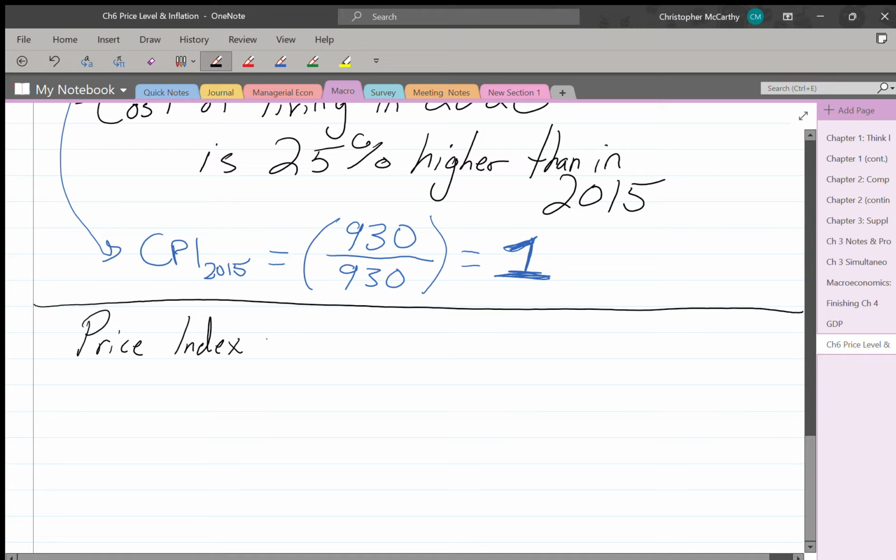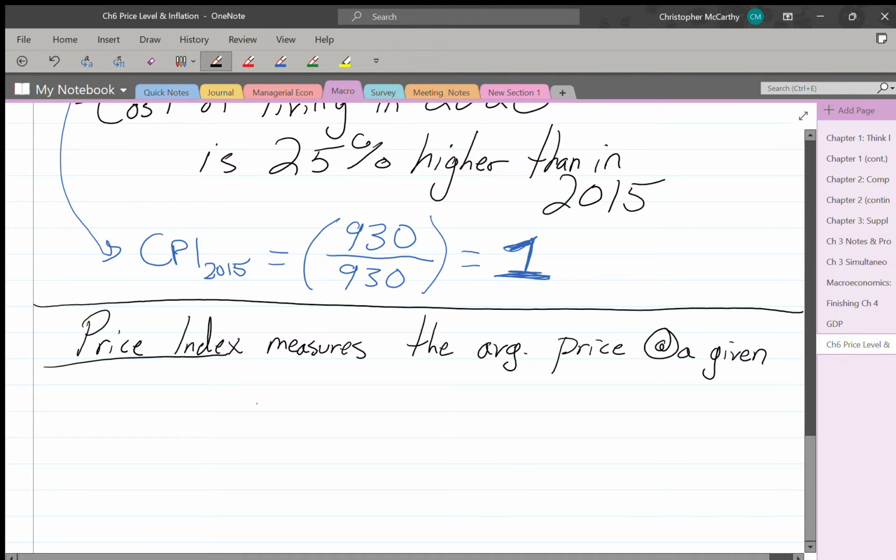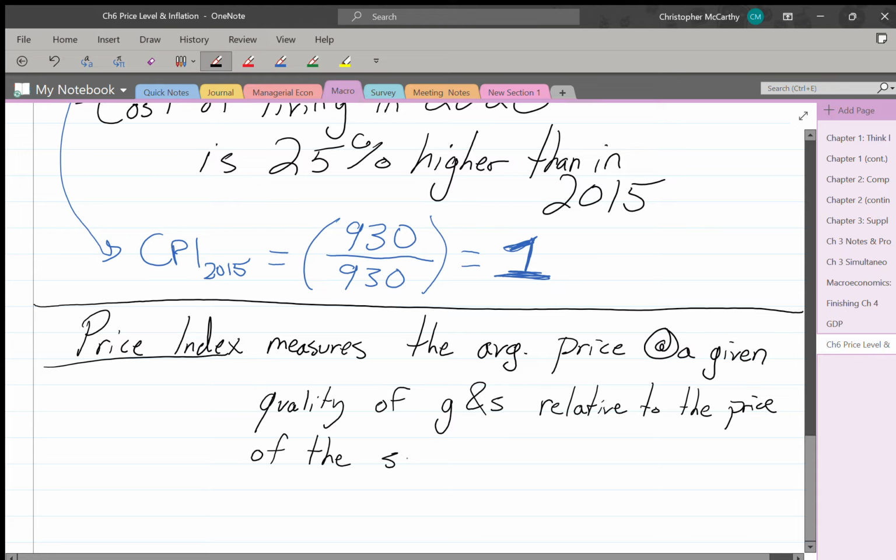More generally, a price index measures the average price at a given quality of goods and services relative to the price of the same goods and services in a base year.